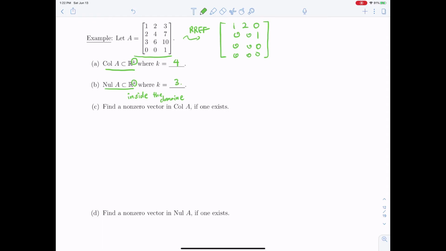Okay, do you see any non-zero vector in the column space of A? Well, I think so. For example, (1, 2, 3, 0) is one non-zero vector in the column space of A. Then how about the null space of A? How do we find a vector in the null space of A? Basically, we have to find the spanning set for the null space, or equivalently, find the solution set for the homogeneous equation Ax equals 0.